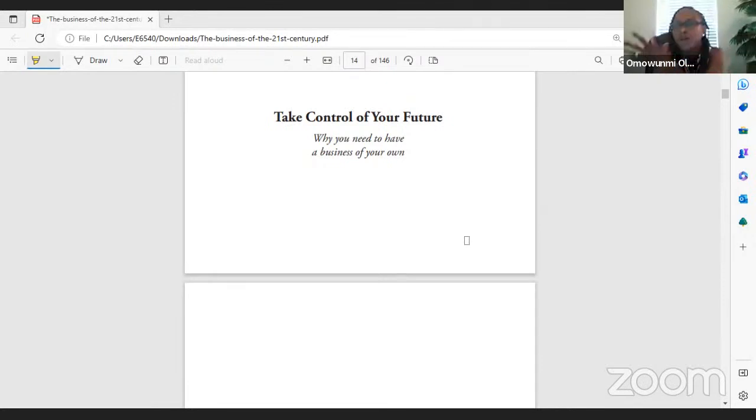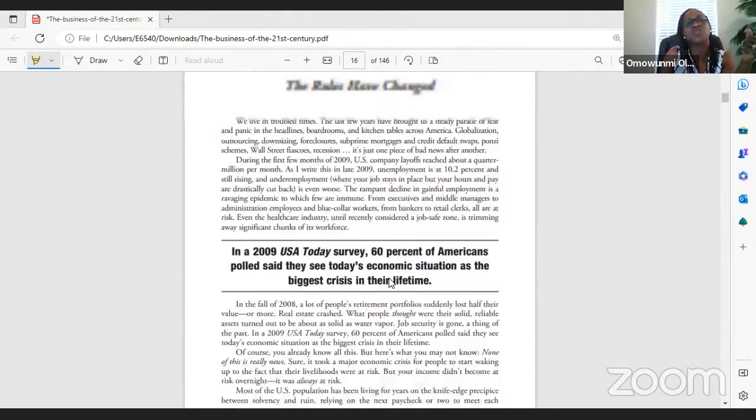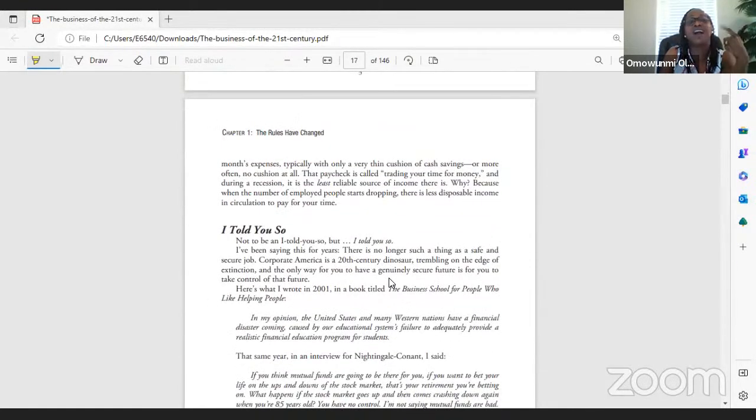War here, rumors of war here. There are rumors that by 2025, China will be at war with the US. All of those things contribute to the performance of the stock market. So your future is not in your control if you're relying on the stock market to take care of your retirement. So that is why you need a business of your own to take care of your future.